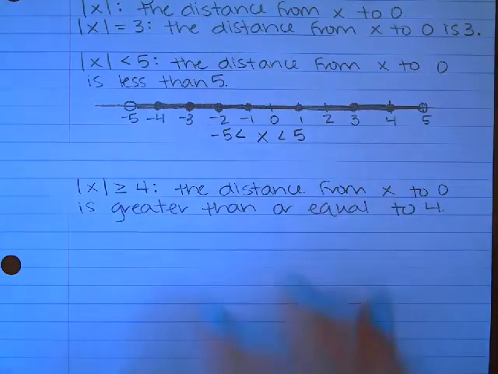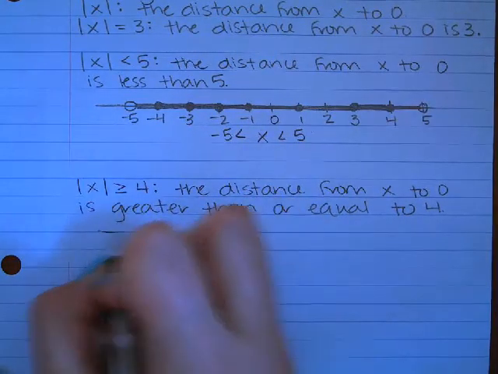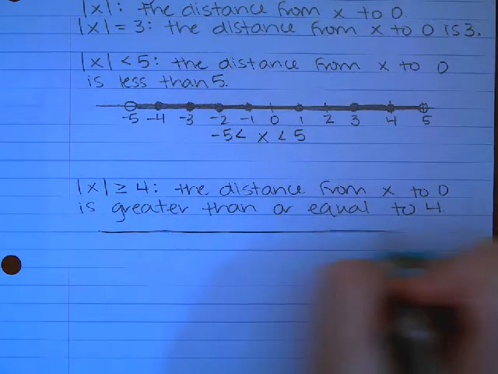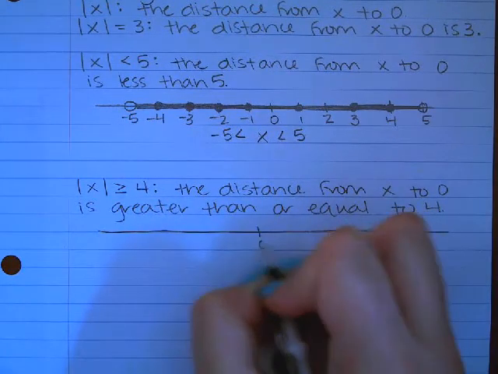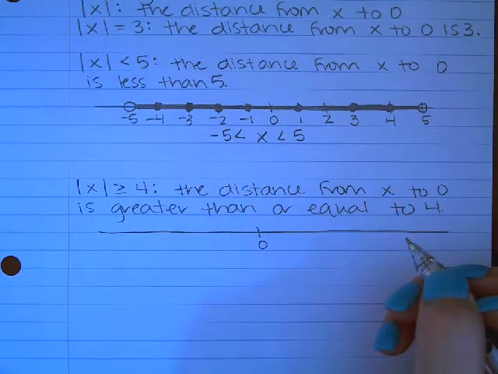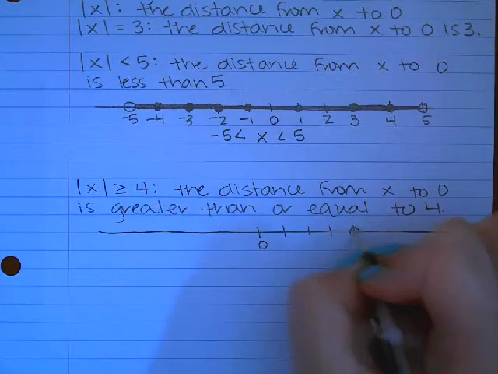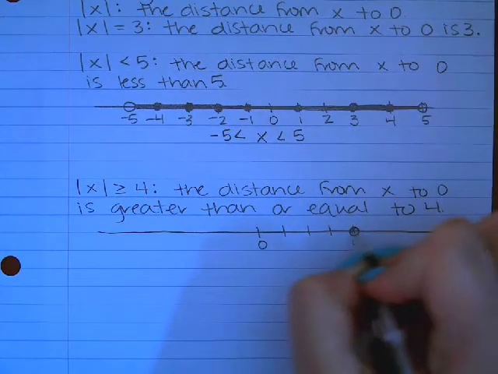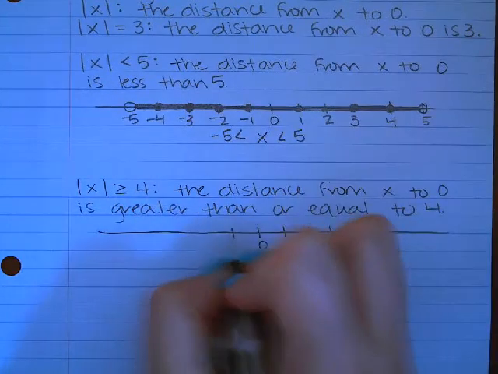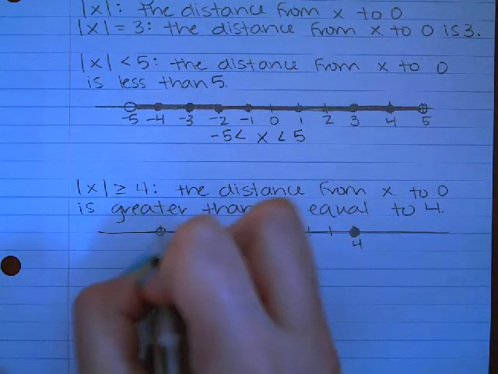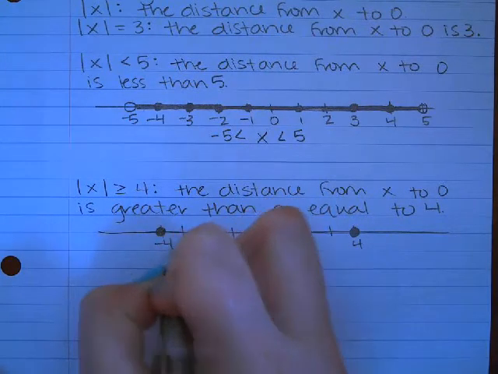So again, I'm going to draw that number line. We're talking about the distance to 0, so I'm going to start with 0 in the middle. And it says the distance is greater than or equal to 4. So 1, 2, 3, 4. There's 4 right there. It could equal a distance of 4. So 1, 2, 3, 4 right there. Could equal a distance of 4.